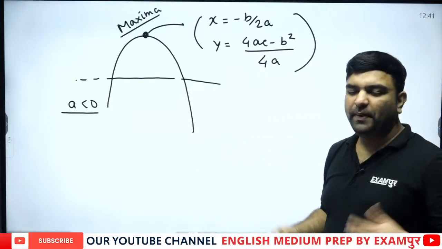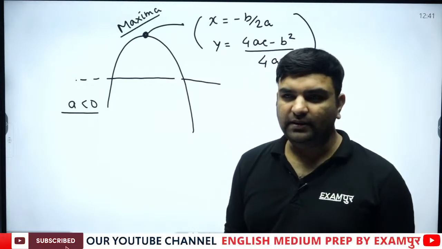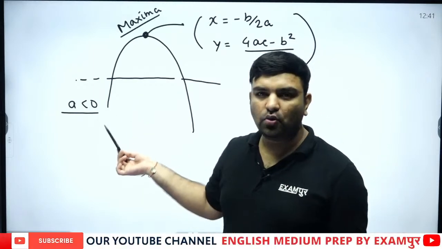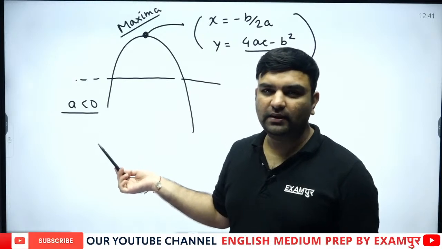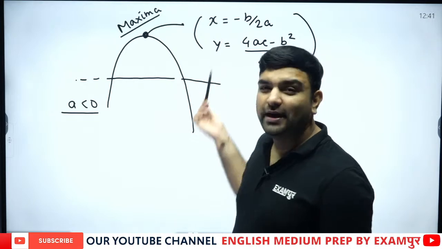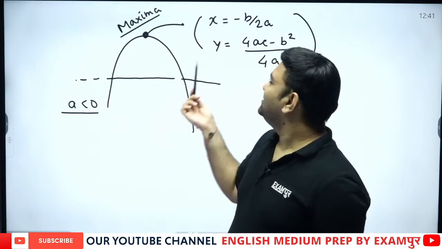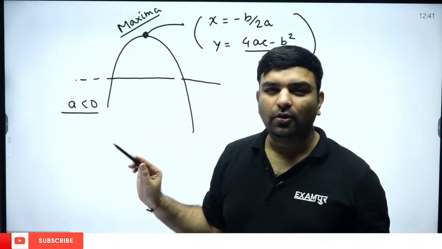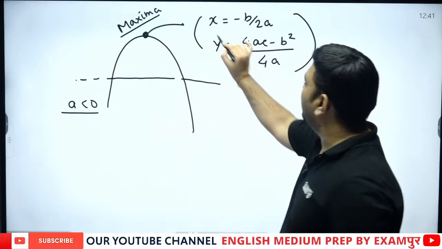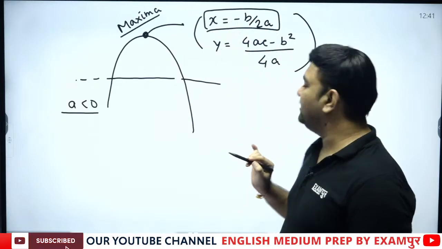So basically, guys, for SSC aspirants, generally it is not required whether it is inverted or an actual parabola, because the answer in both cases is the same. SSC aspirants are only interested in what is the value of X for which there is a minimum or maximum: minus b upon 2a.